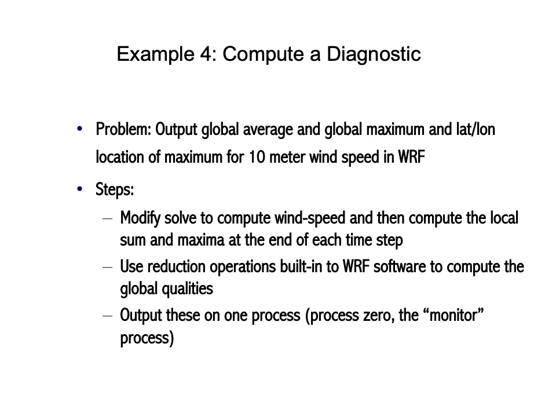Then, using some special built-in routines that the WRF model has, the developers are able to turn those local values on each one of the MPI processes into a value that is the domain-wide maximum, the domain-wide average, and the domain-wide location of that maximum. After we've computed all of that information, we would like to output this on the master process.